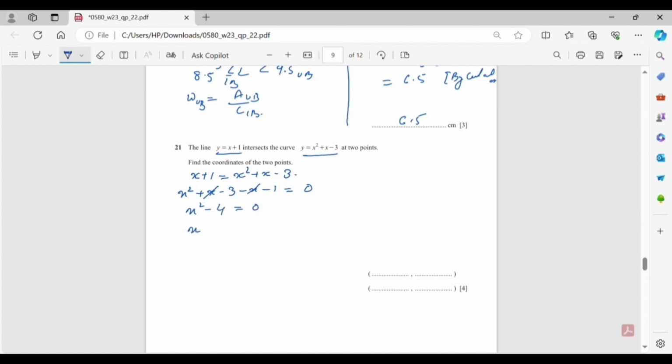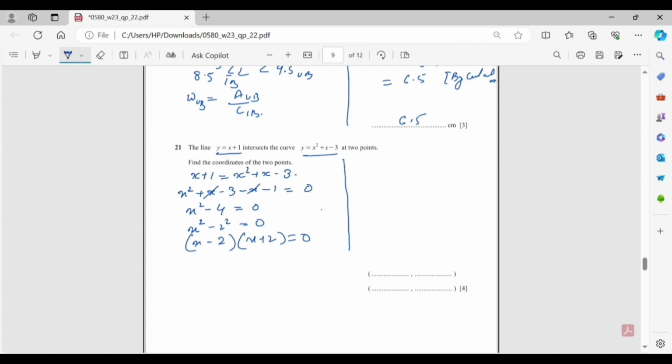Now here x square minus 2 square is equal to 0. So here we will use the identity a square minus b square, which is equal to a minus b times a plus b.